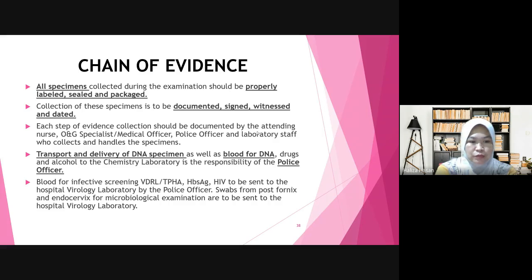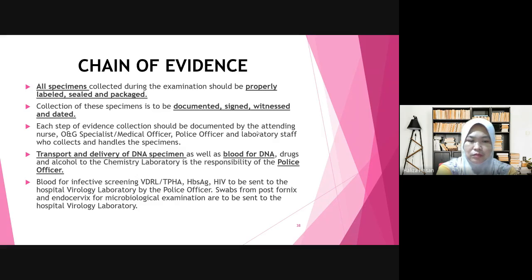And then transport the delivery of all the specimens to the laboratory by the police officer. So they are the ones who send. Usually we just ask the hospital attendant to send specimens. But for these cases, the police have to bring and send the specimen.